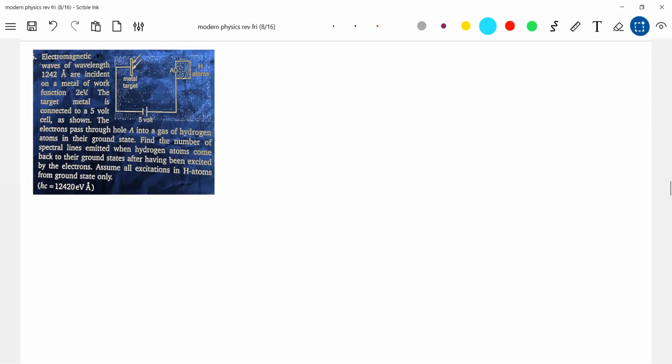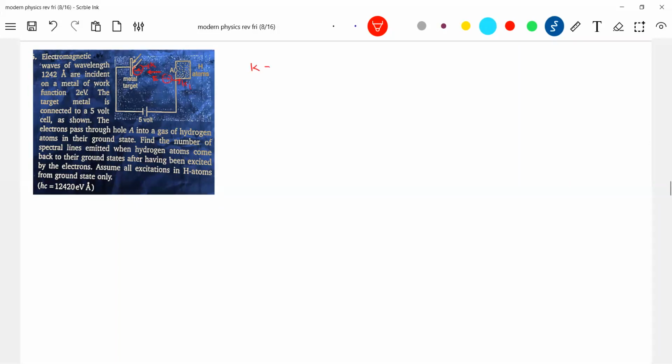He has brought once again the idea of the photoelectric effect. There's a positive terminal, so it will produce an electric field like this. This particular ejected electron will have kinetic energy K. By the time it reaches here, it will have kinetic energy, say K1.